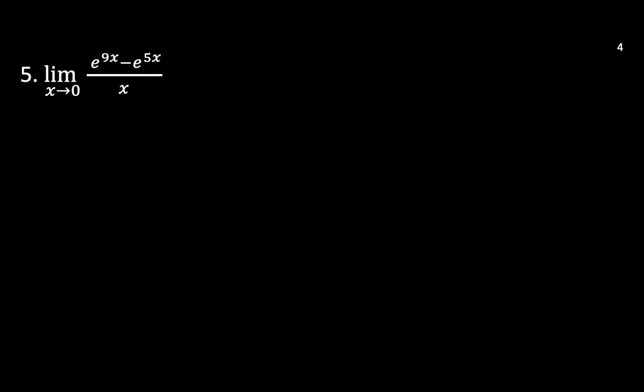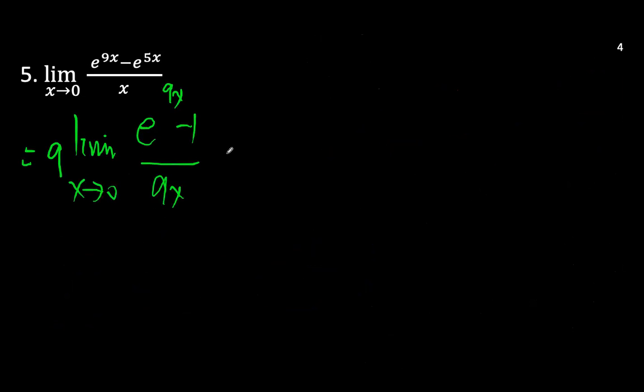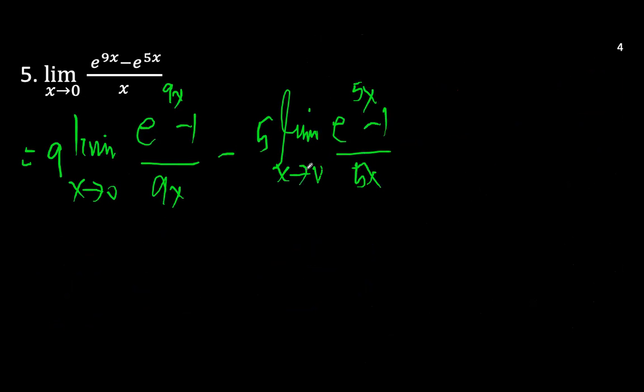Here we go. So we have 9 times the limit of e raised to 9x minus 1 all over 9x as x approaches 0 minus 5 times the limit of e raised to 5x minus 1 all over 5x as x approaches 0.